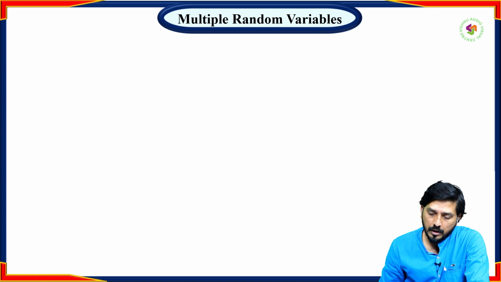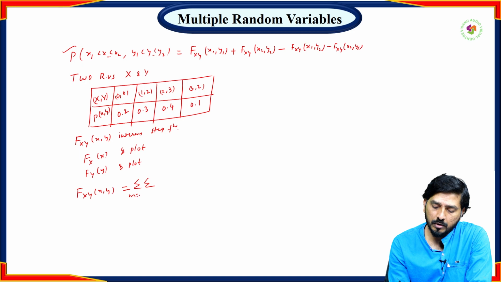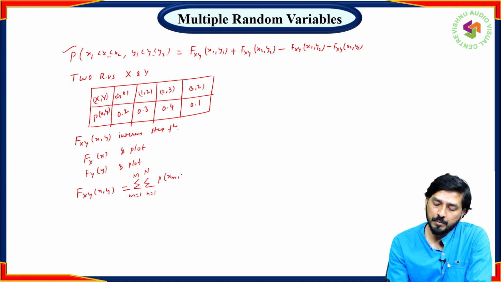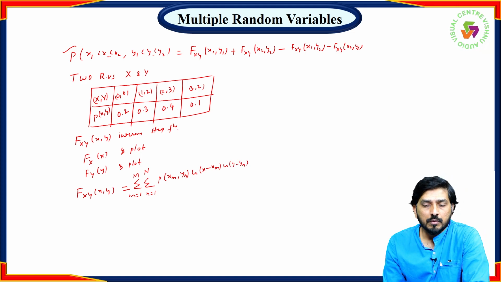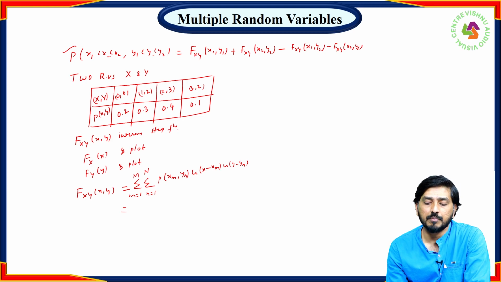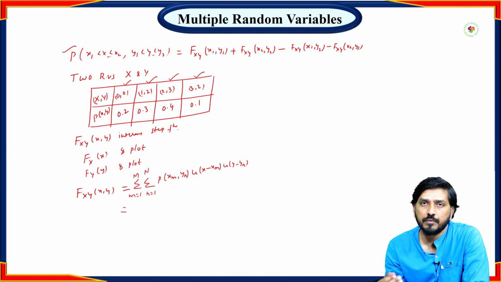I'll write it again: summation m equal to 1 to M, n equal to 1 to N, probability of xm comma yn times the individual step functions u of x minus xm and u of y minus yn. Now we will substitute the values and remove the summation. We have 4 points: 1, 2, 3, 4. So we remove the summation and find the cumulative addition.